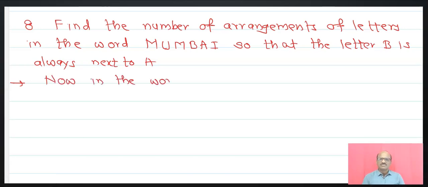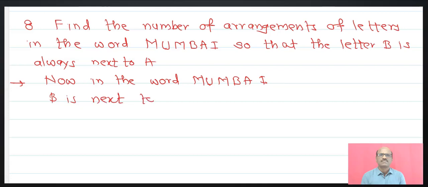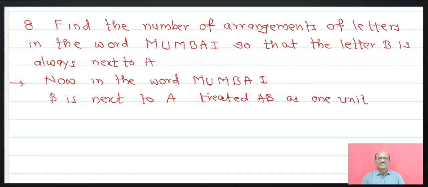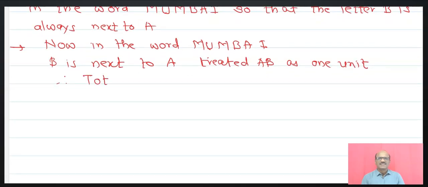Now in the word Mumbai, B is next to A, treated as AB as one unit.